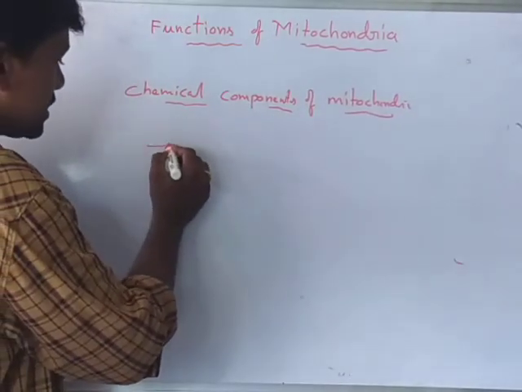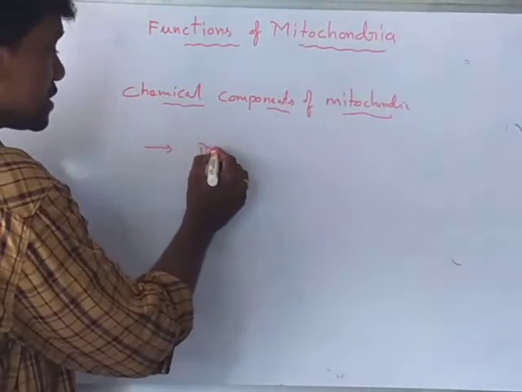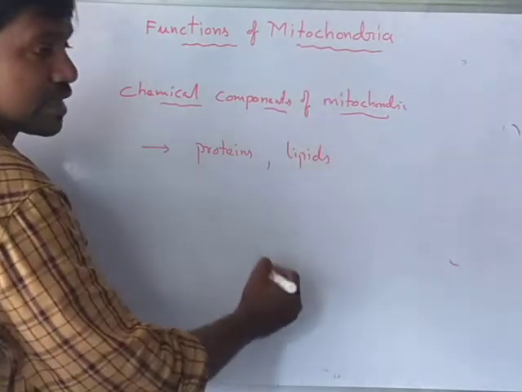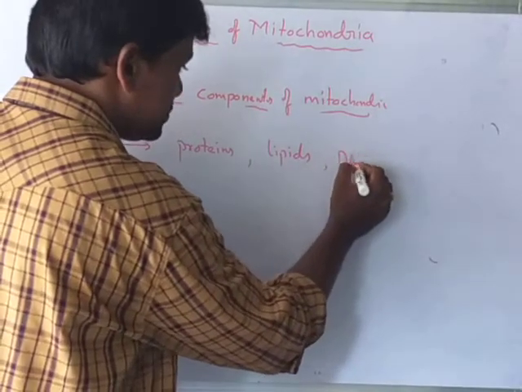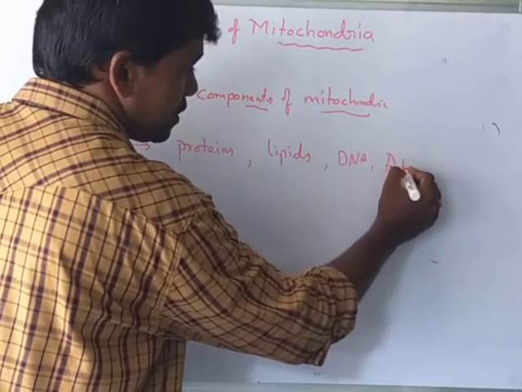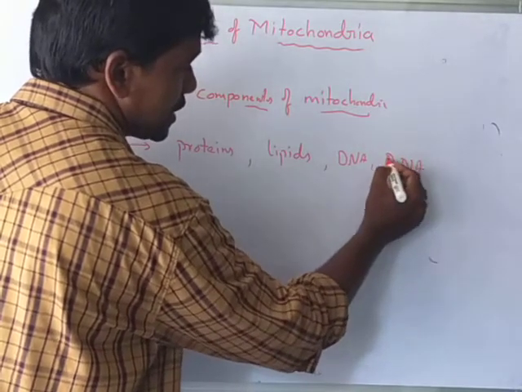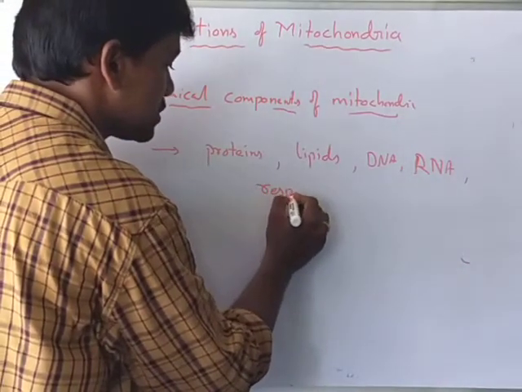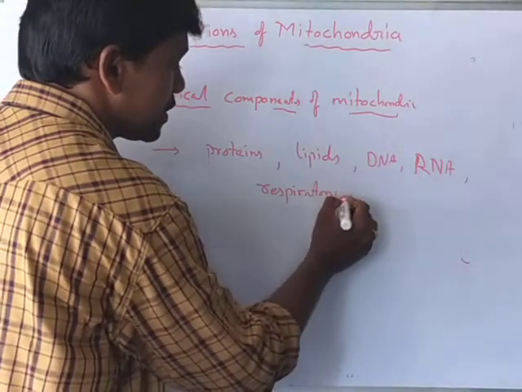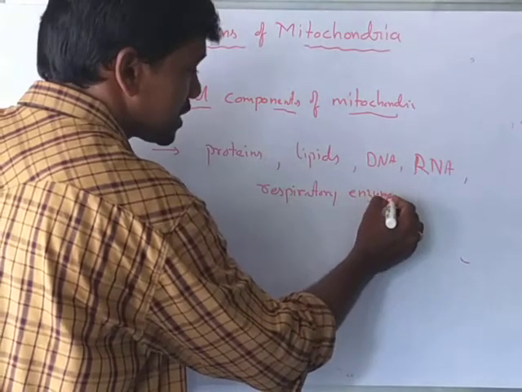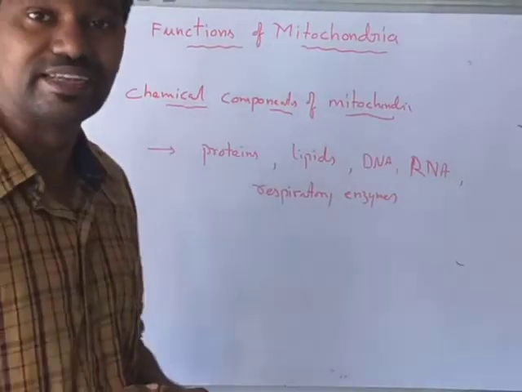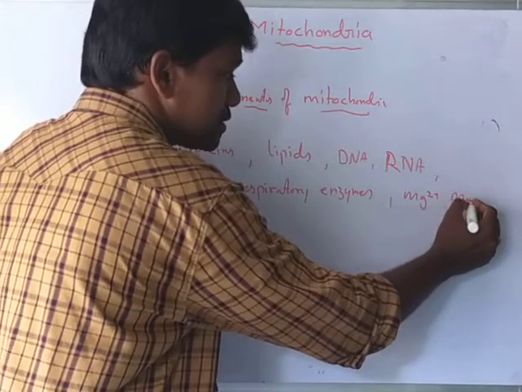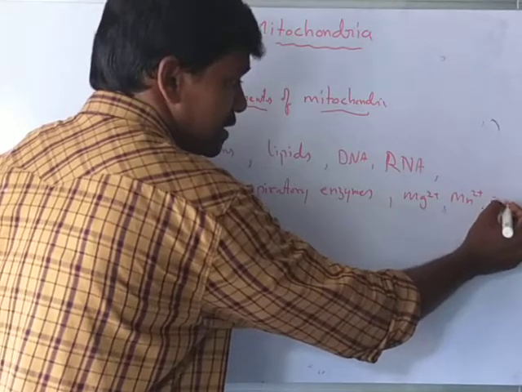Mitochondria contain proteins and lipids, DNA, RNA, respiratory enzymes, and divalent ions like magnesium, manganese, ferrous, like this.